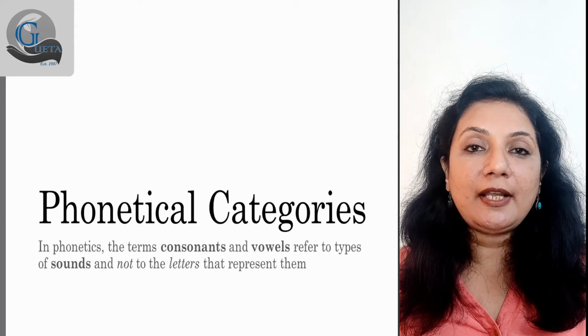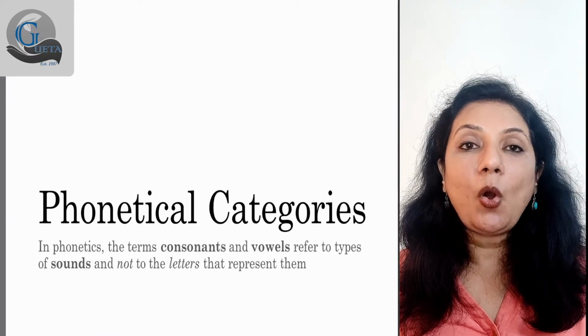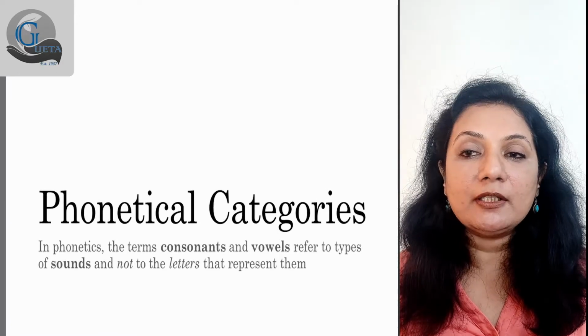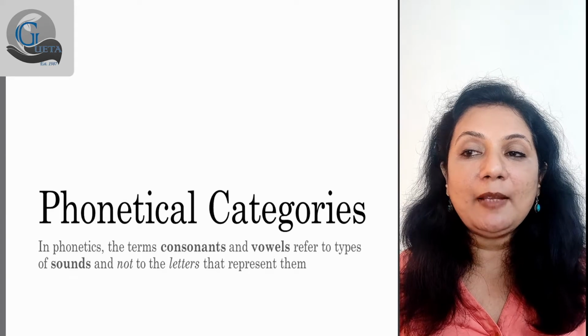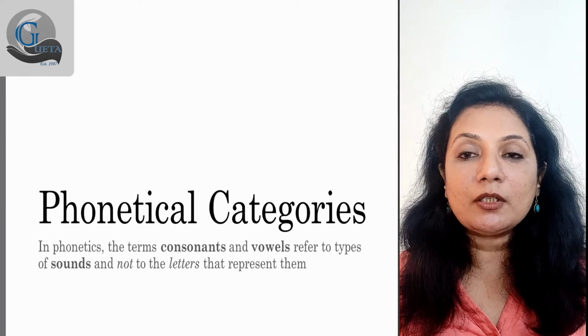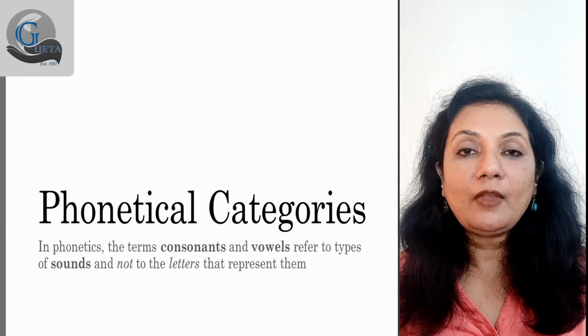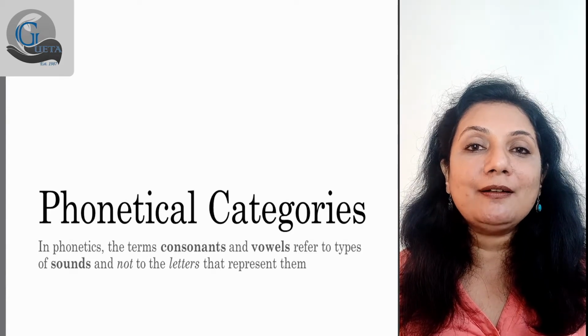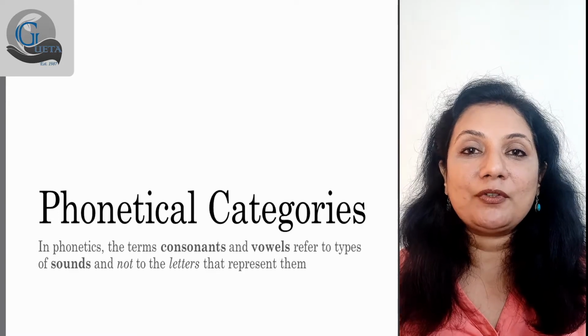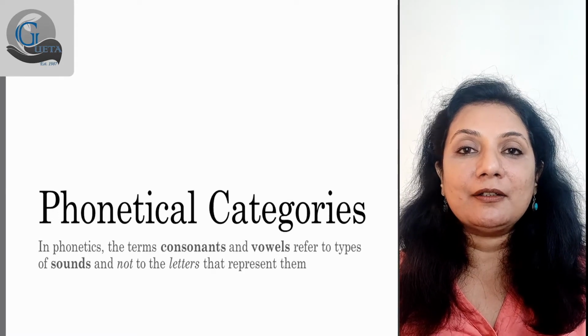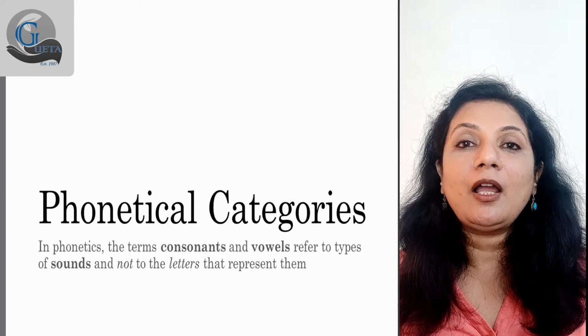Now, in phonetics, these terms consonants and vowels refer to types of sounds and not to the letters that they represent. So what we are going to consider here are the sounds, how they are uttered and not how they are written.